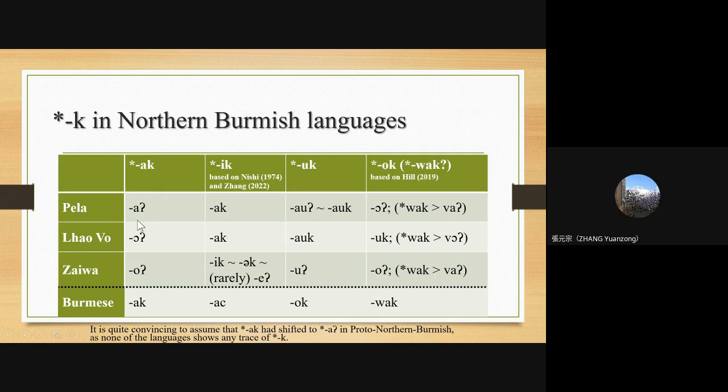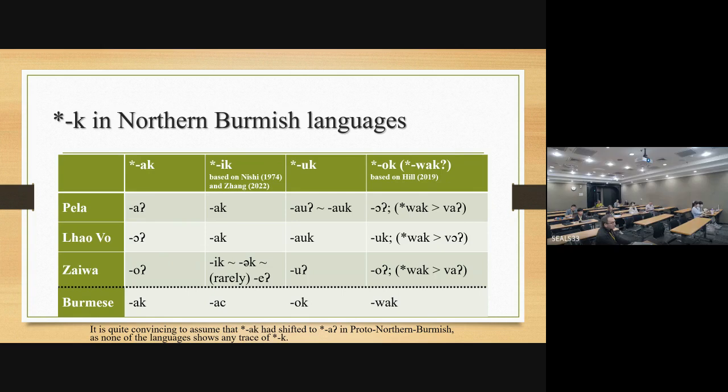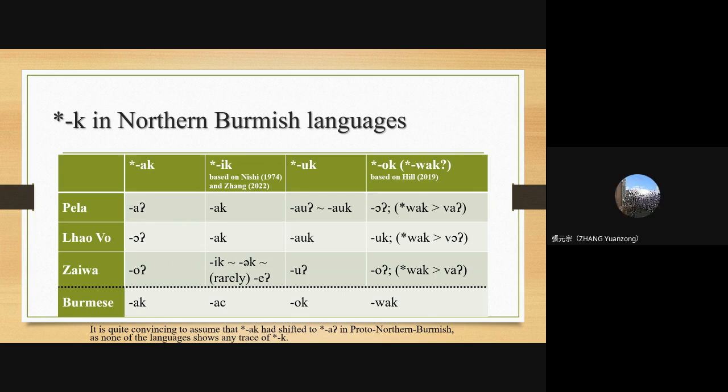For example, the word for to climb is simply ta, and the word for to exit is simply toa. So it's quite convincing to assume that ak had shifted to a in the stage of Proto-Northern Burmish, as none of the languages shows any trace of ga.